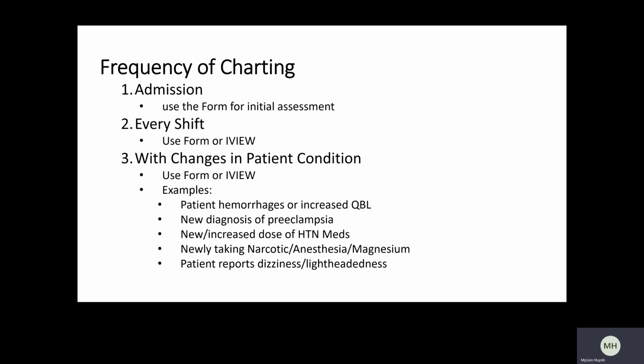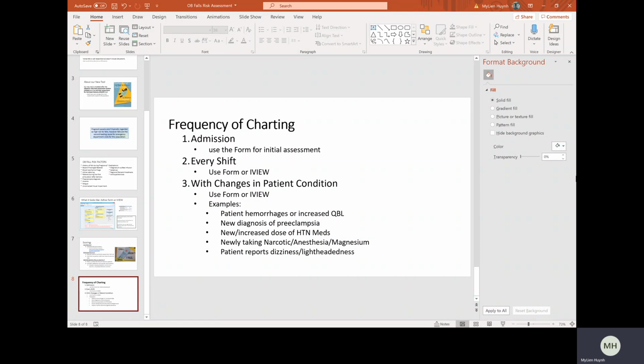If the patient says, I'm feeling kind of dizzy and lightheaded, that's another time that you would re-document that. And if the patient's fall risk changes, please just let that be known when you report off to the next nurse. All right, if you have any questions, you can email me or contact your managers or Joni.